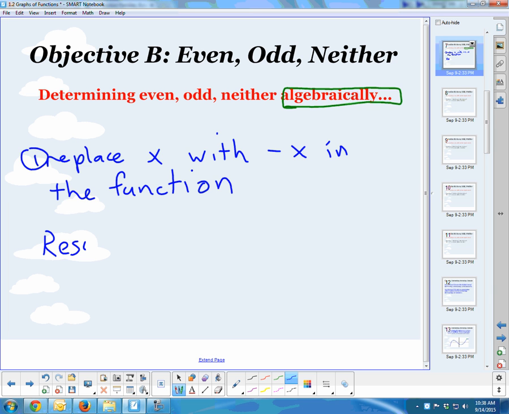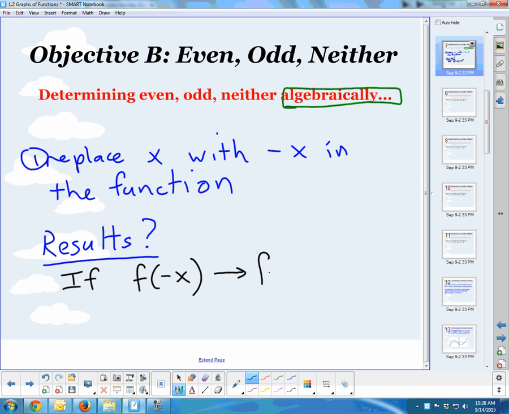Well, the first case, if that replacement, which we call f of negative x, can be rewritten and simplified, and we get the function back that we started with, if we can replace x with negative x, perform some algebraic simplifying steps, and get our original function back, then the function is even.